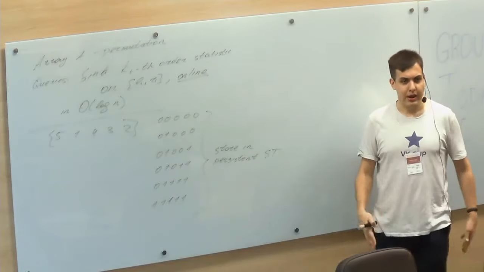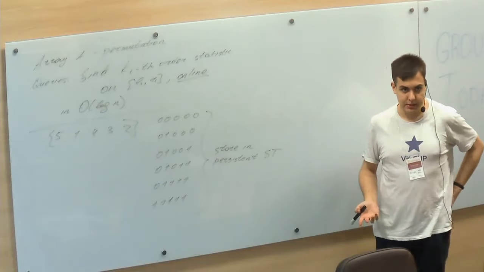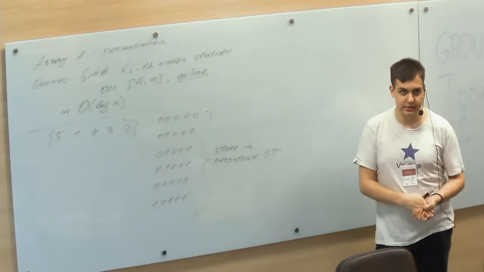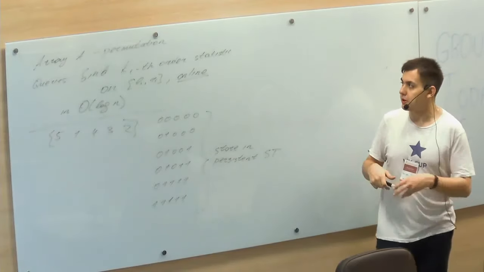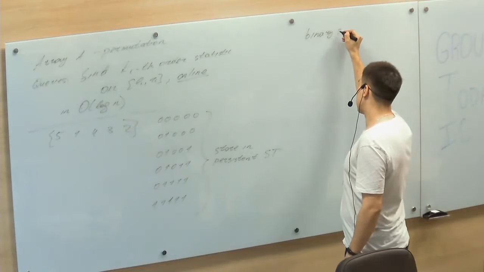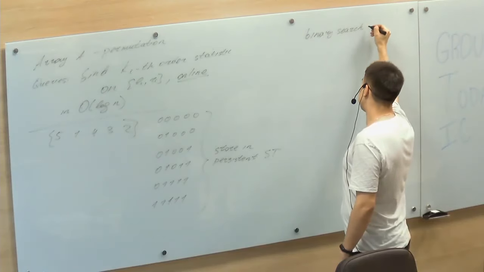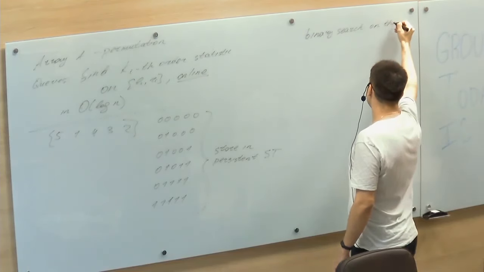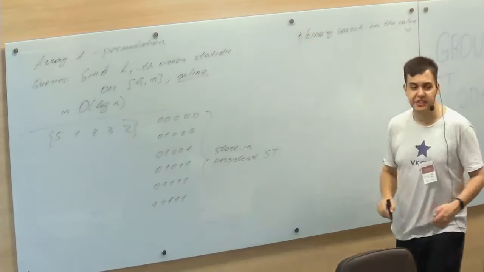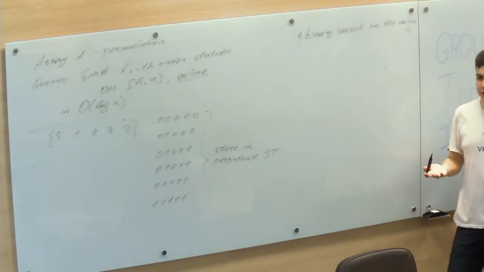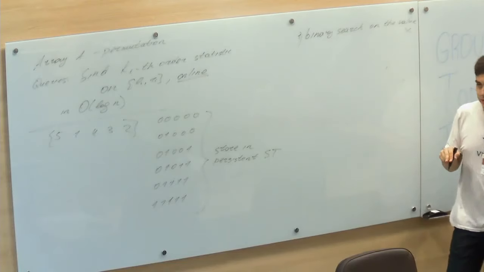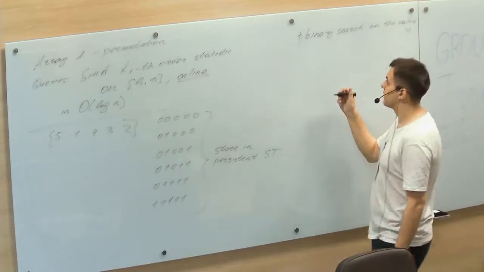Okay, so how would I answer the query? Usually the kth order statistic is done in 2 steps. First, we binary search on the value. Then we would like to somehow calculate the number of values that are less than or equal to x on that subsegment.